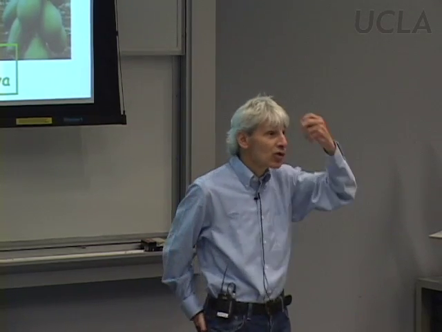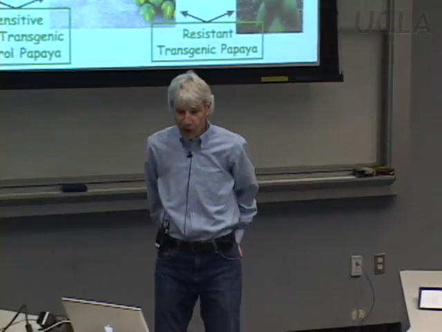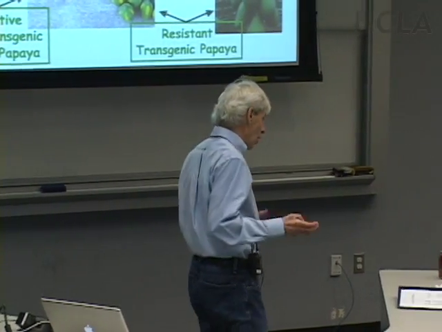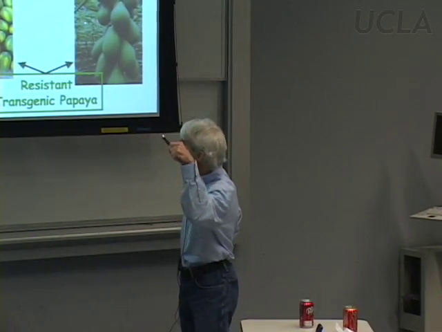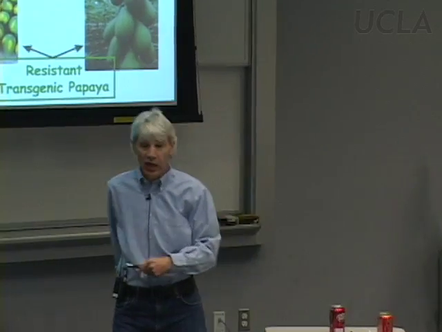Viruses did almost wipe out the papaya industry in Hawaii. By genetically engineering for viral resistance, using viral resistance genes, it reestablished a wonderful papaya industry in Hawaii. So that's engineering for viral resistance.